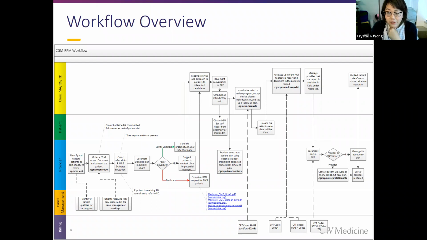Okay, so here's a Visio. I don't expect you guys to go step by step, but the thing I want to highlight is that we're really looking at making diabetes care team-based. You can see in this diagram that we've got what we call swim lanes for all sorts of people in your clinic, whether it's your clinic MA or your RN or RD. The patient has their own responsibility as well. And as you work on pop health and panel management, definitely include those members of the team.